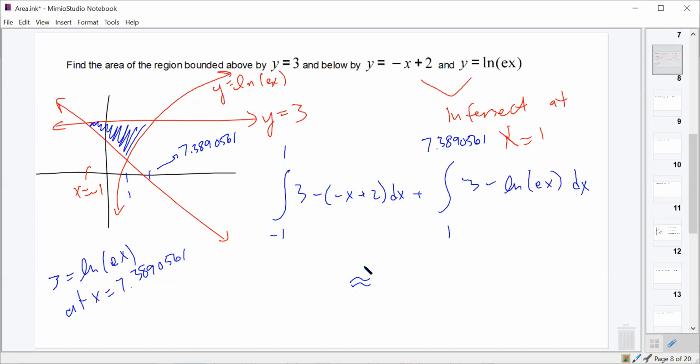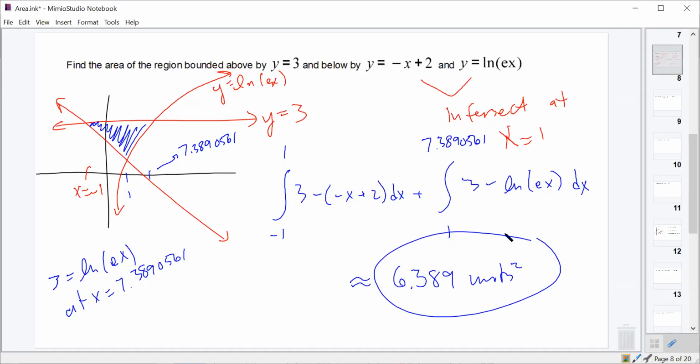Anybody got an answer for that from their calculator? 6.389, good. Sounds about right. 6.389 units squared. Anybody have issues with that or no?